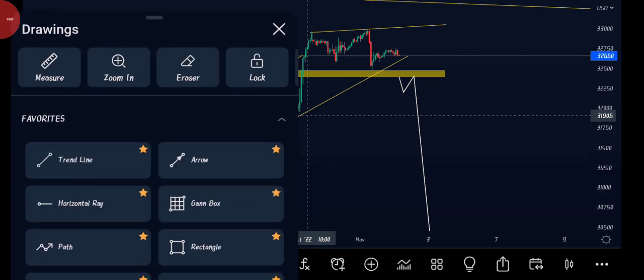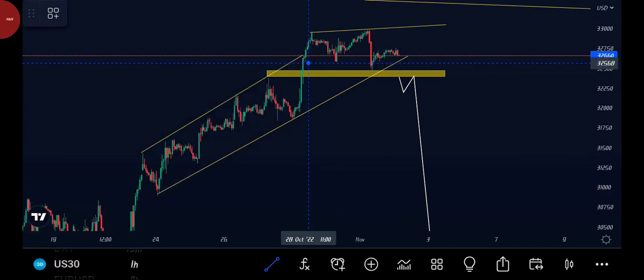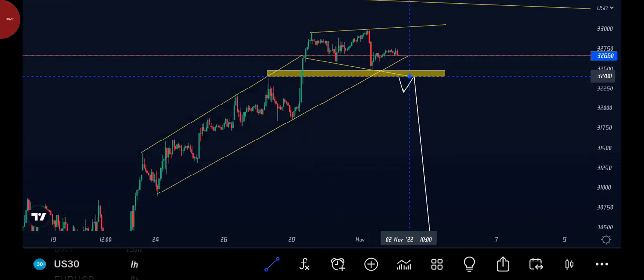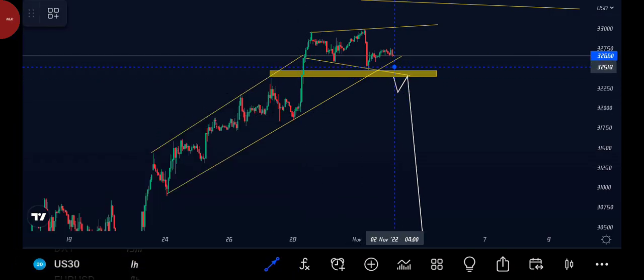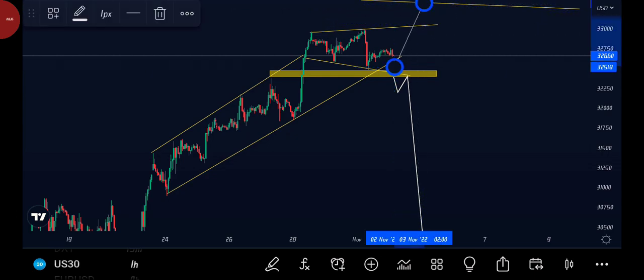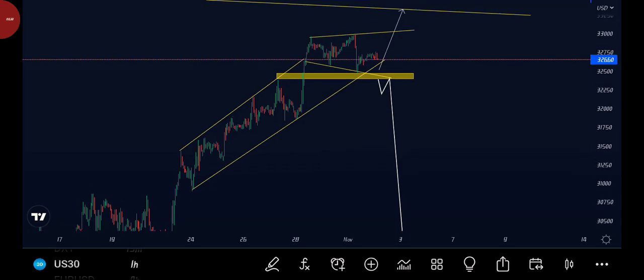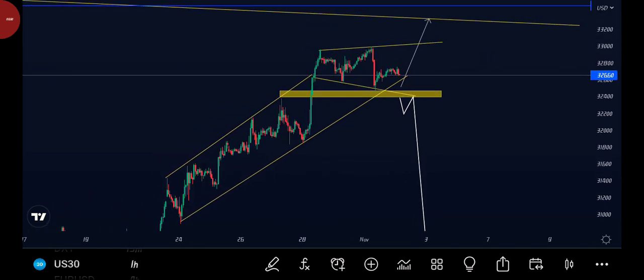Okay, this thing here, so we might have an extension over here, and this market might shoot to this level. Yeah. Why? Because it might retest this zone, this support, then buy to this level.